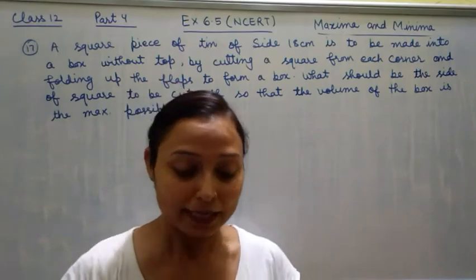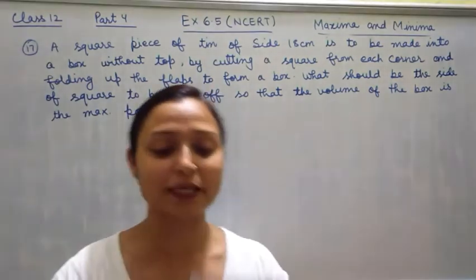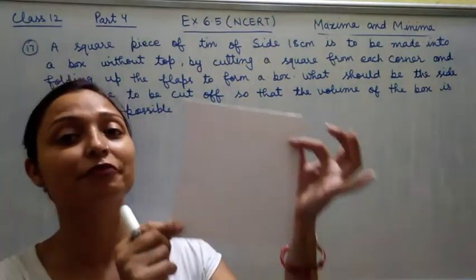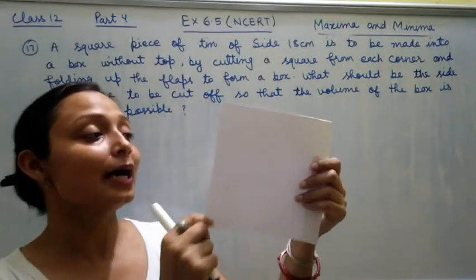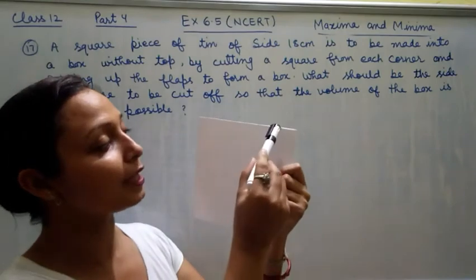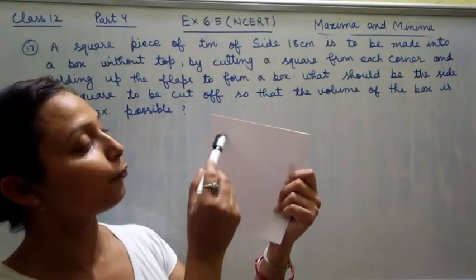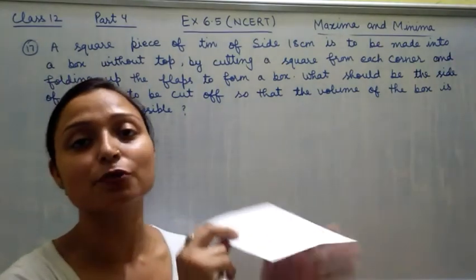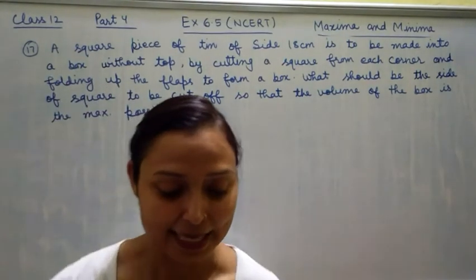You have to tell at which side of that square the box formed has maximum volume. Let us suppose I have a tin piece of this square. This is a square piece of tin, right? The mathematician wants to cut 4 squares from 4 corners and fold the flaps into the form of a box like this.